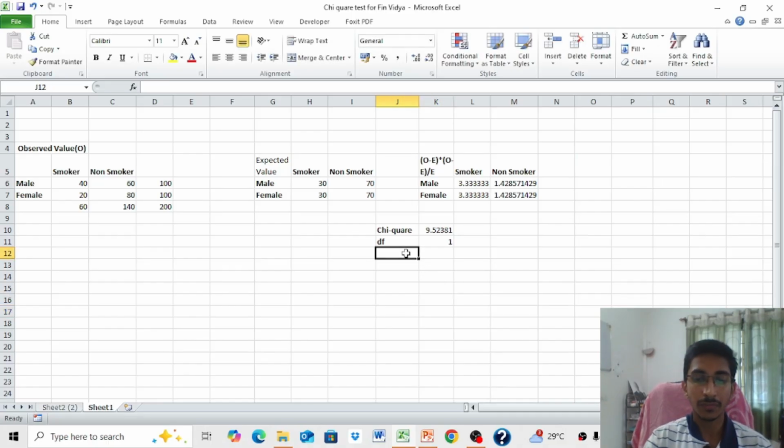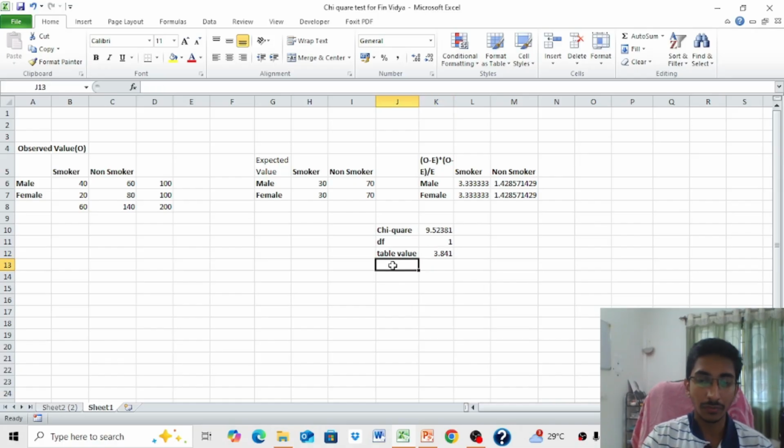Now write the table value. We know the table value at the 0.05 significance level, with degree of freedom 1, is 3.841.